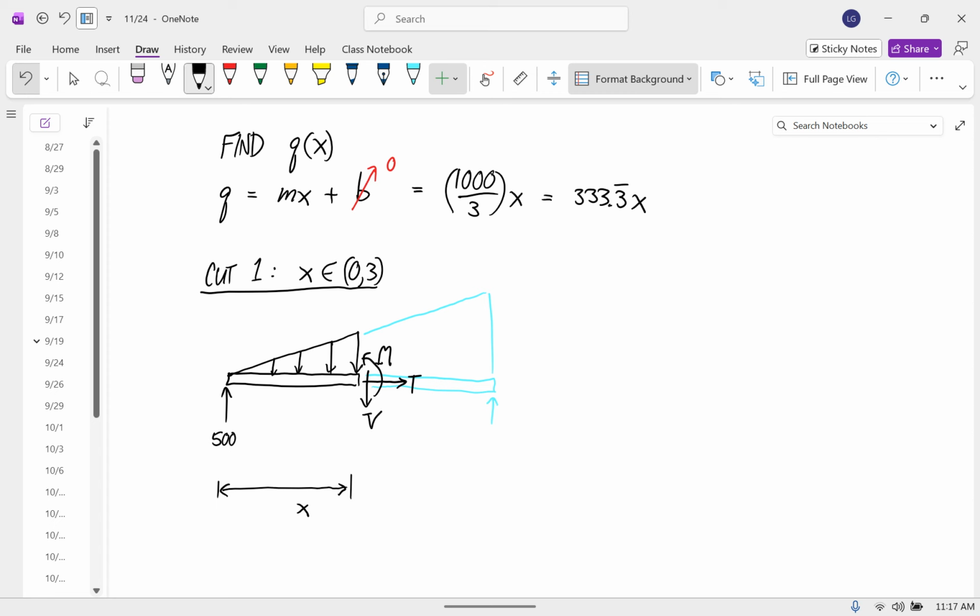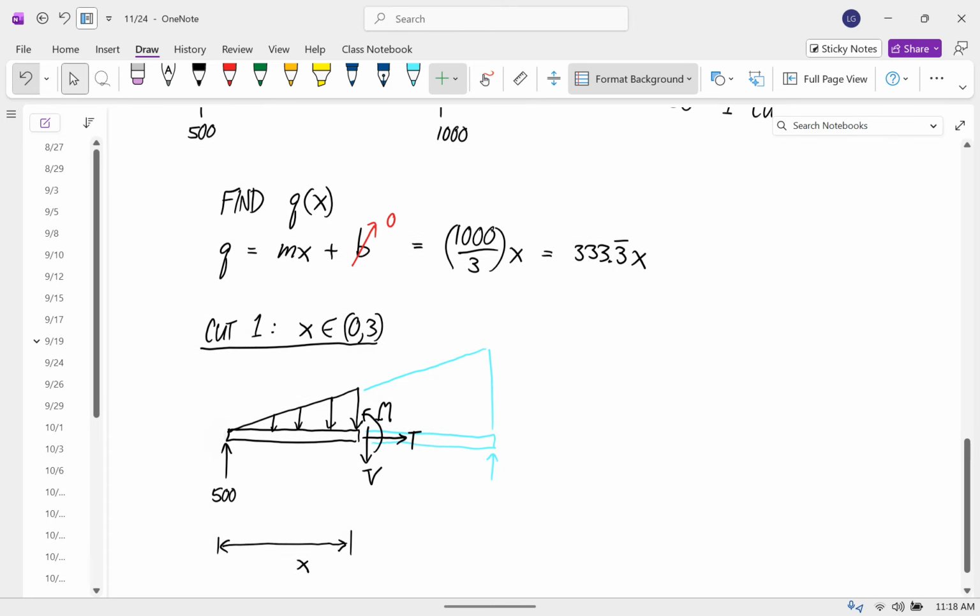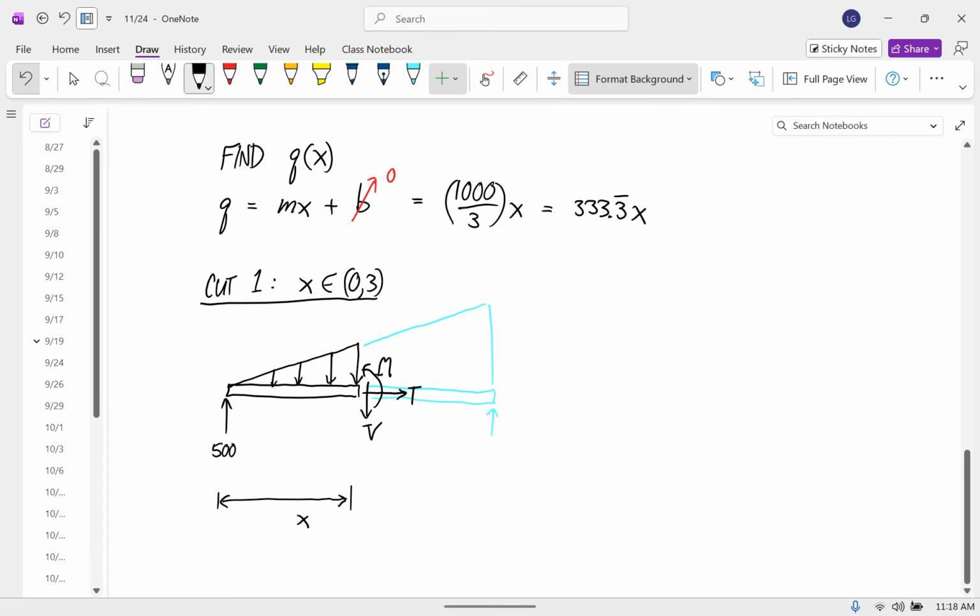So how can we represent the height of that distributed load? This is the first time that we have to use that Q function. Yep, it's equal to Q of x. So the height here is 333.3 repeating times x. Are you with me on the reasoning for that?